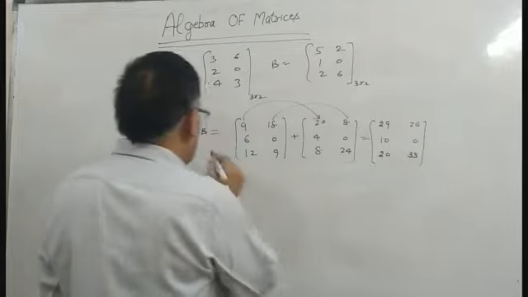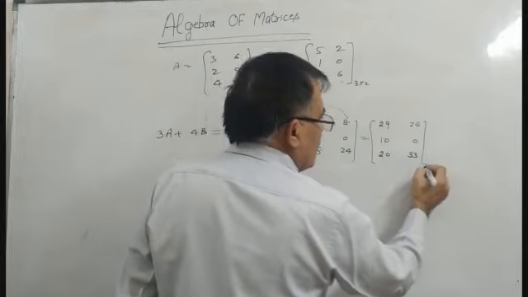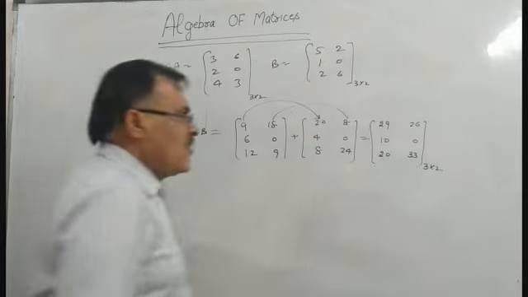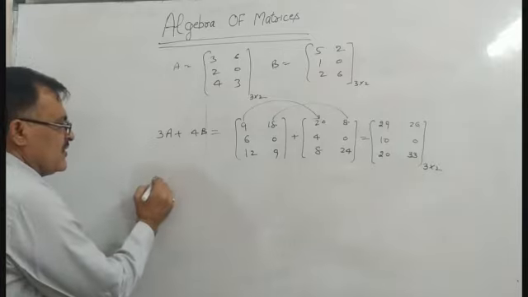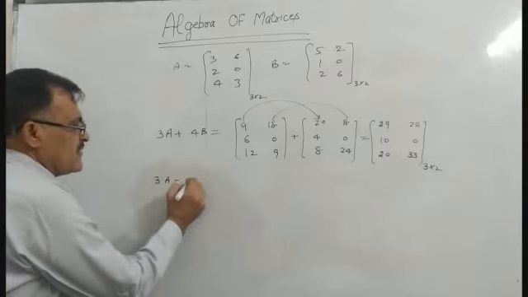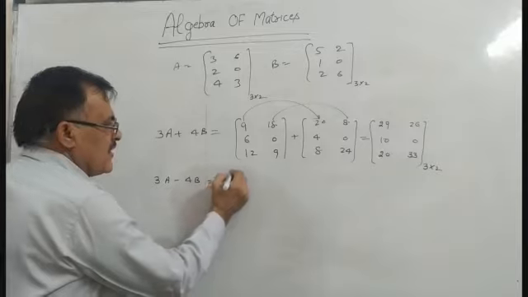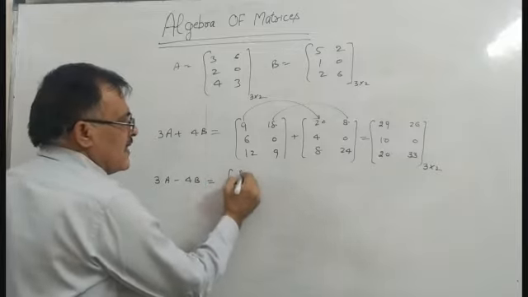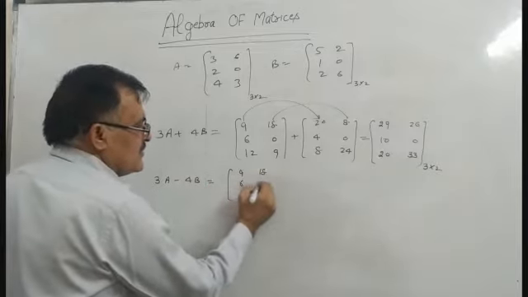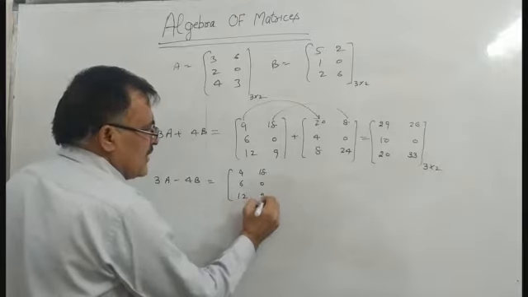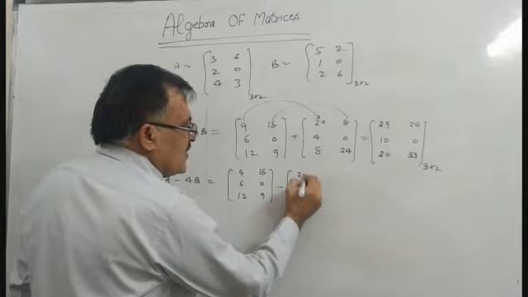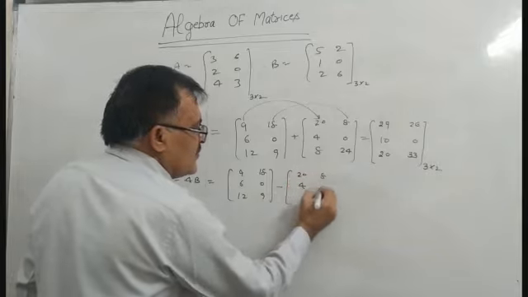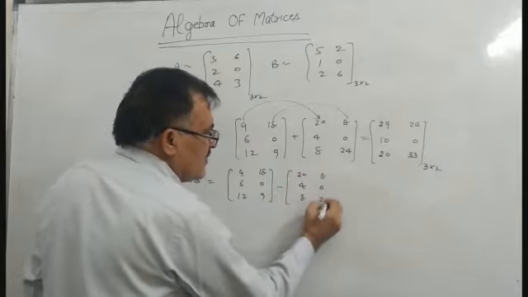We can say the order of this is also 3 into 2. The order is the same. If we calculate 3A minus 4B, then 9, 18, 6, 0, 12, 9 minus 20, 8, 4, 0, 8, 24.